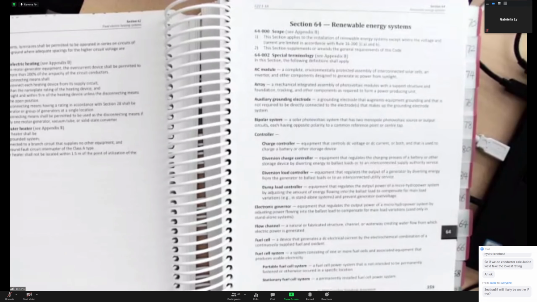Not too much because section 84 just has those very general rules. I barely heard people mention anything on 84 on the IPs. Mostly, I heard people say the IP question came from section 64 relating to photovoltaic panels, the installation.